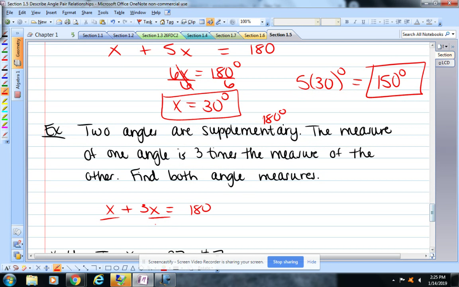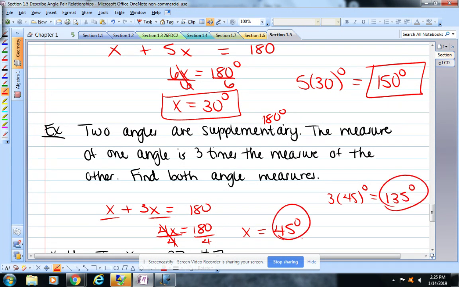You're right. 4 this time. And x is what? 45 degrees. And the other one is going to be 3 times 45 degrees, which is how much? 135 degrees.